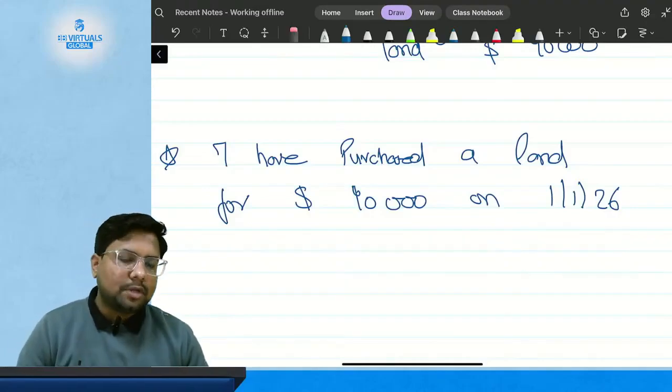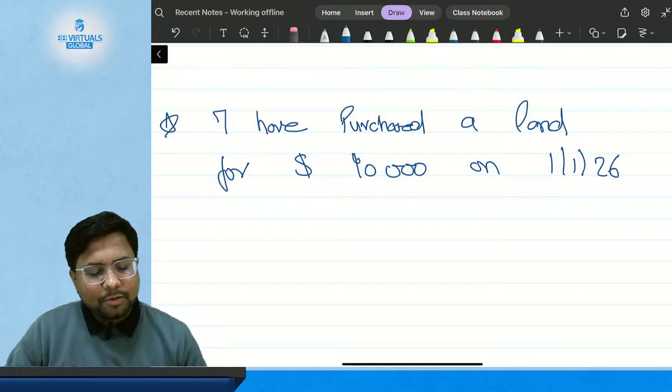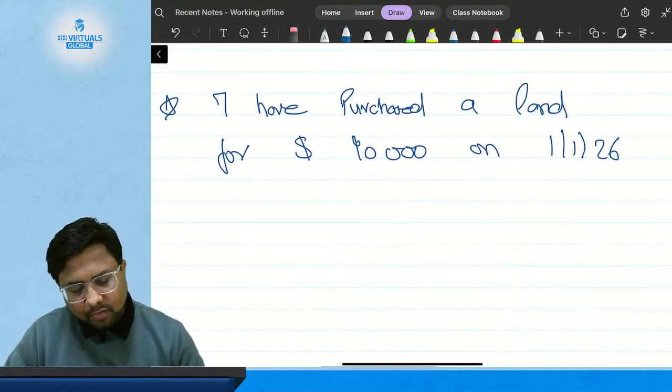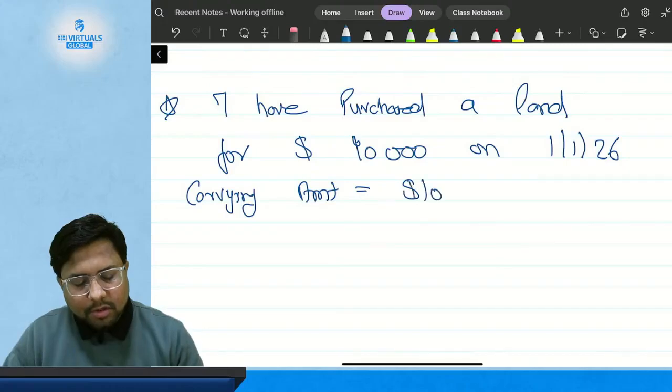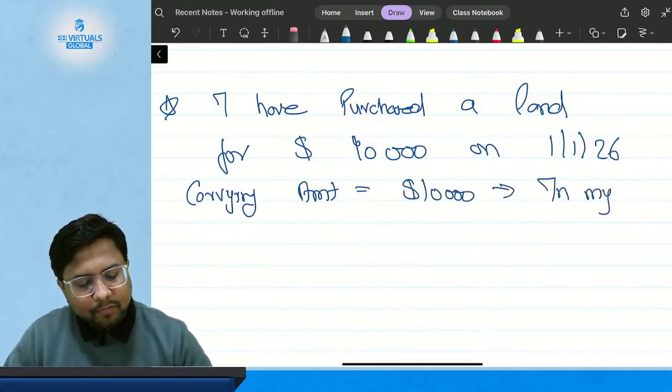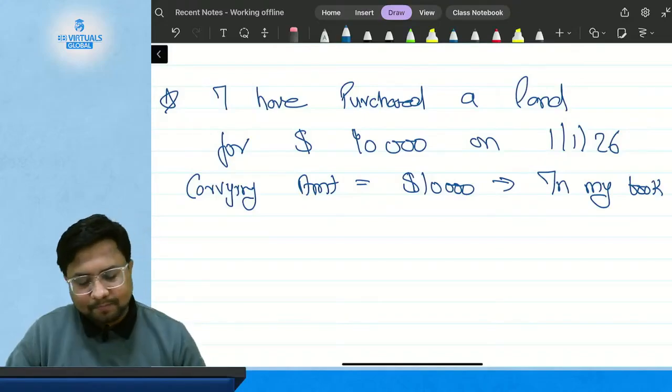Now I have purchased a land of $10,000 on 1st of January 2026. Okay, so it is going to be recorded in my books at the carrying amount of $10,000 only. Books means books of accounts. Okay, it is going to be recorded like this.